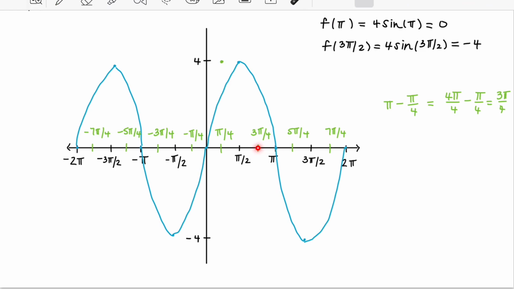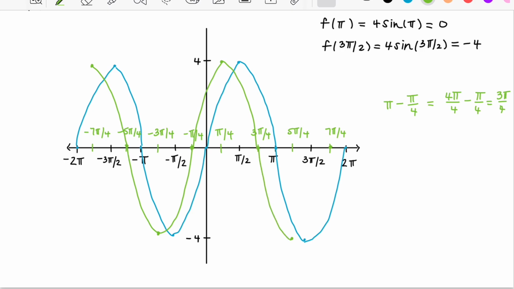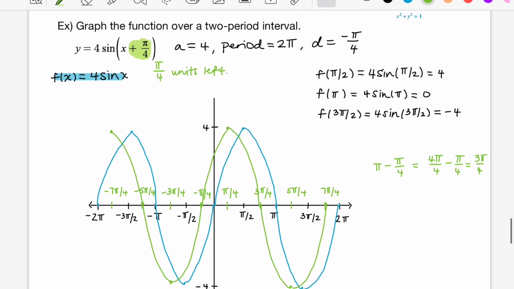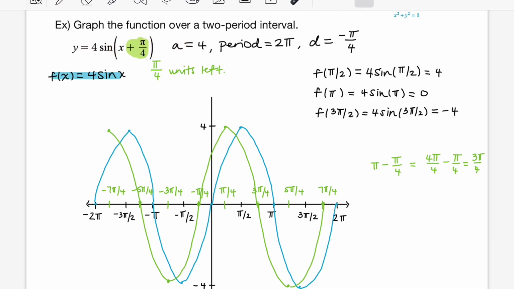This point here at pi is going to be shifted to 3 pi over 4, and so on. Now connecting these points, we'll get this graph here. So that's how we would graph this function by using our horizontal translations.